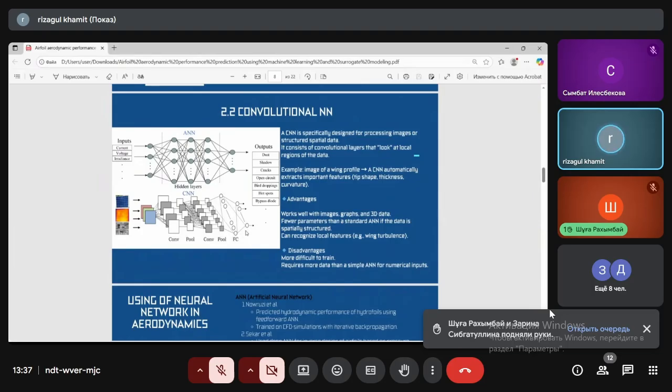The authors also analyze lift and drag coefficients separately to ensure that the prediction models understand the underlying aerodynamic behavior. These metrics are essential for assessing how well an airfoil will perform in real world aerodynamic conditions.